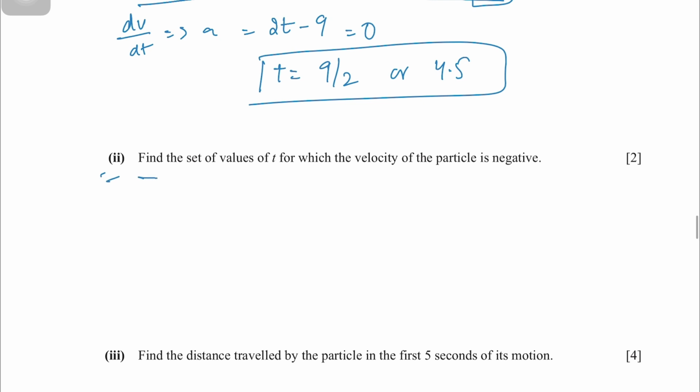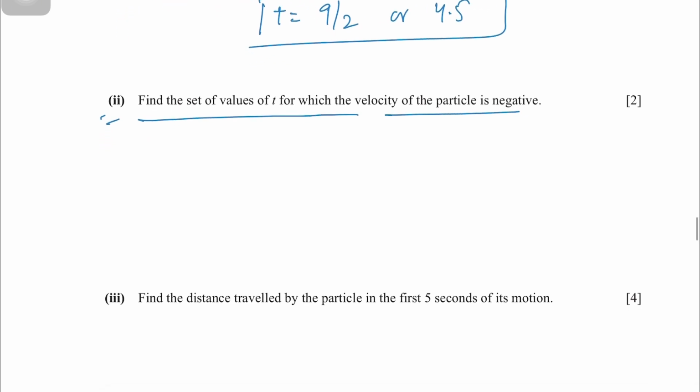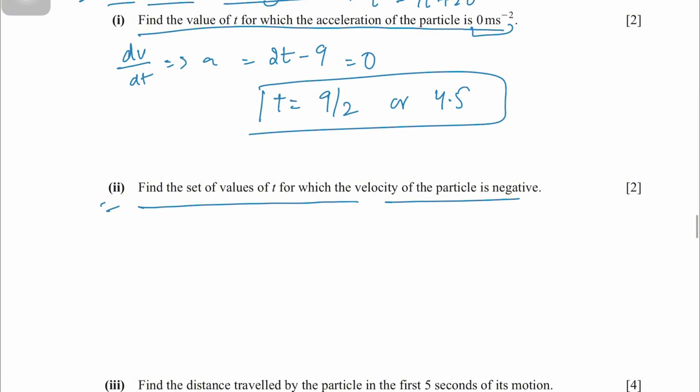Moving on, we have find the set of values of t for which the velocity of the particle is negative. For the velocity of the particle to be negative, it is t minus 4 and then t minus 5. So 4 and 5 are the critical values.